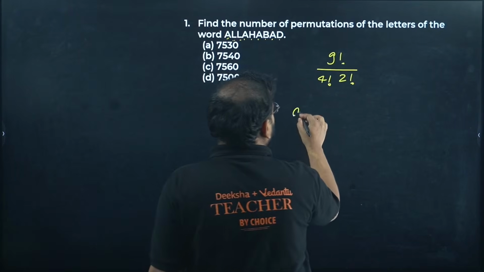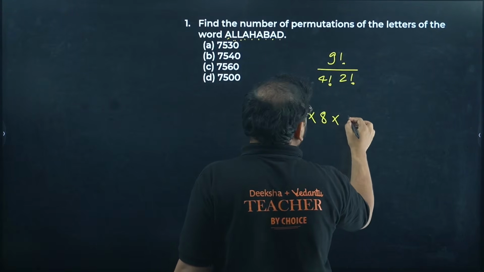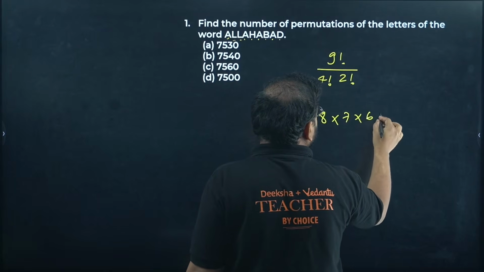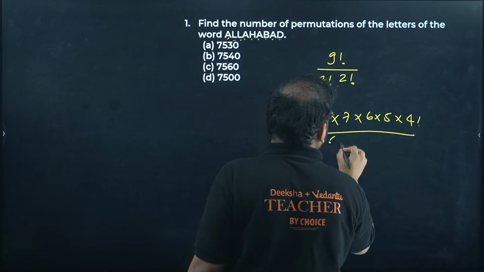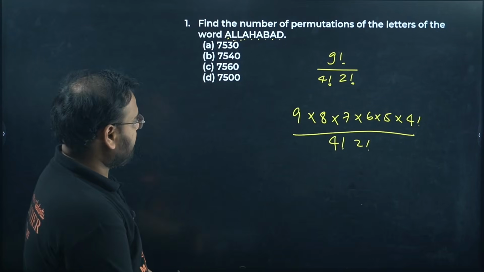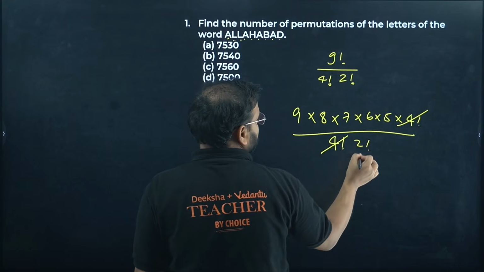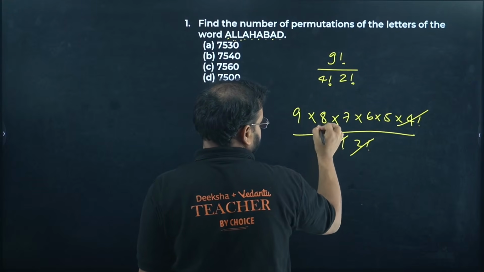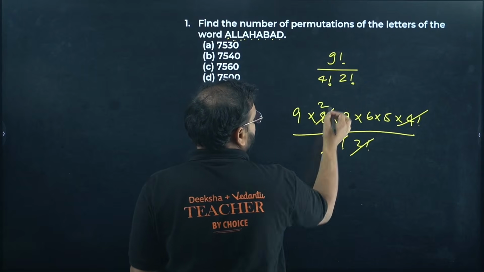If you want to solve it, 9 into 8 into 7 into 6 into 5 into 4 factorial divided by 4 factorial into 2 factorial. Am I right? 9, 8, 7, 6, 5. This cancels, sir. And this becomes 4. 2 4s are 8. 5 into 2 is 10.